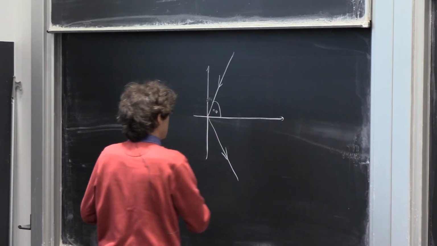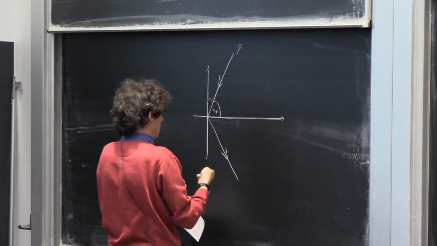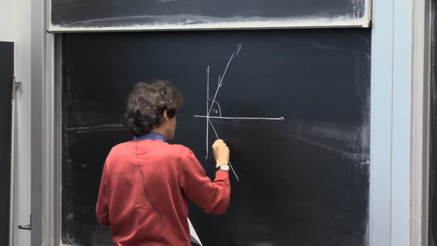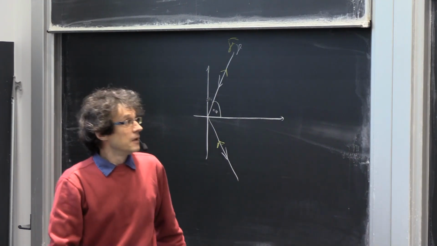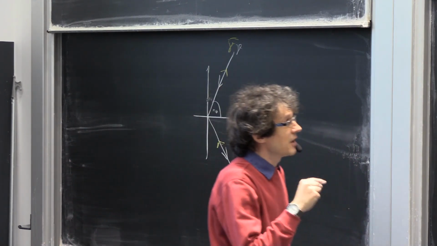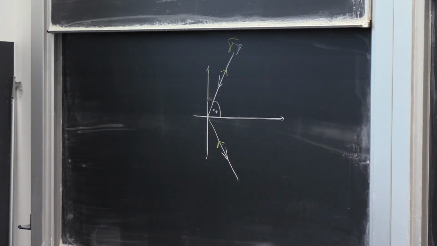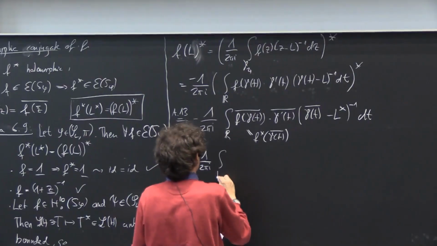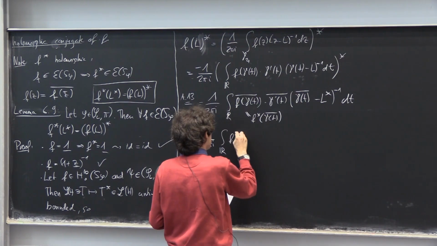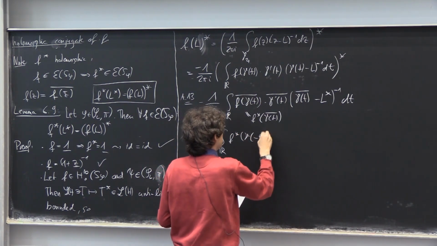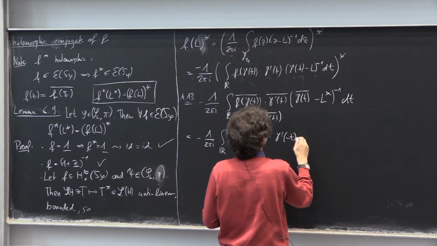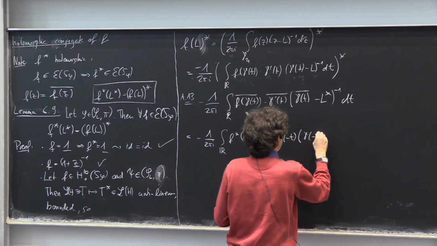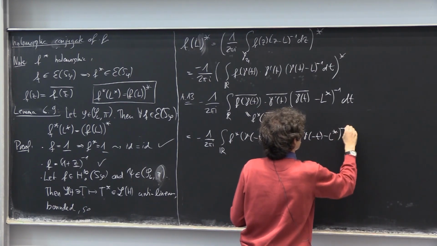So this is gamma, and if you take gamma bar, this just gives you going back. Okay, this means gamma(t) bar is just gamma of minus t. So this gives you the integral over R of f star of gamma(minus t) times gamma prime(minus t) times (gamma(minus t) minus L star) to the minus 1 dt.